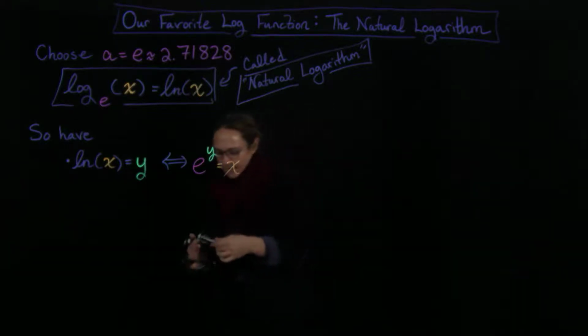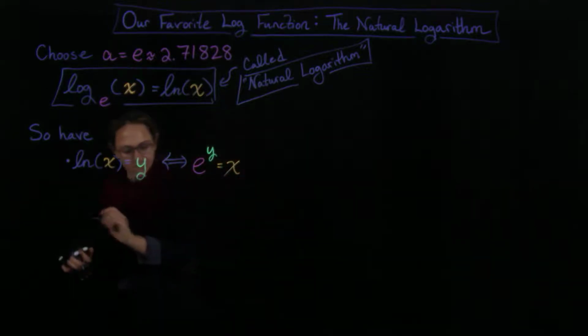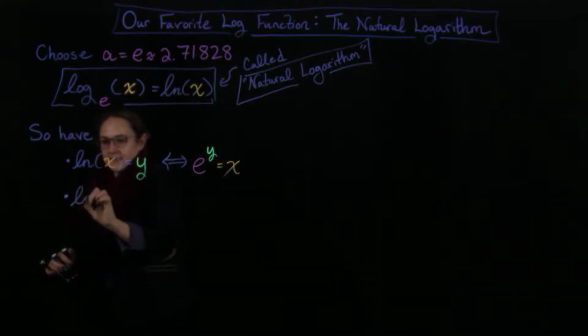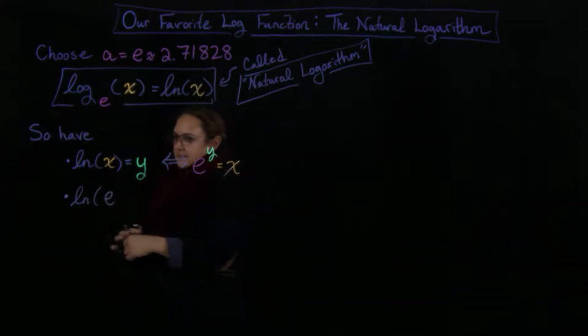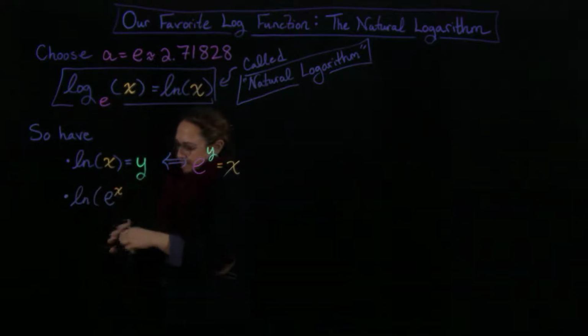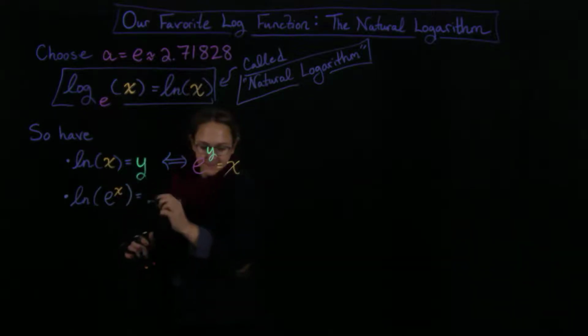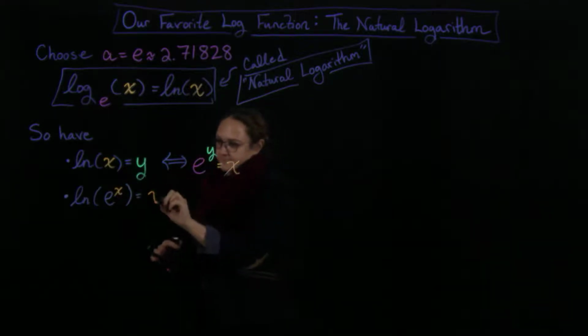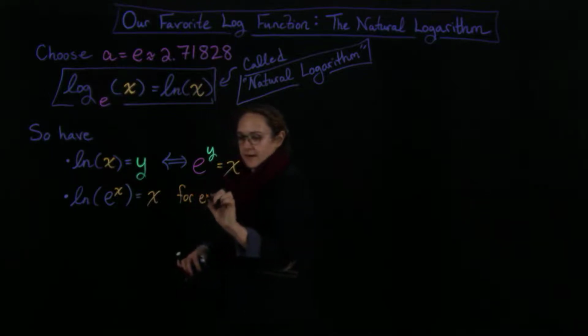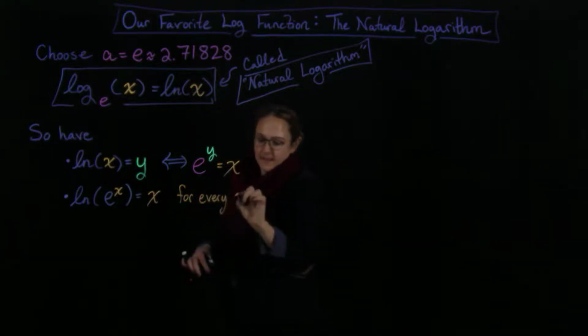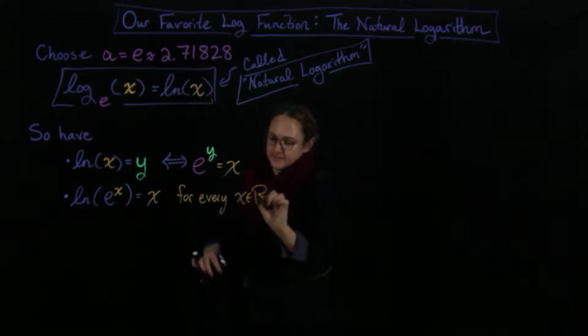The next thing we know is that if I take the natural log of e to any value x, this has to give me out x, and this has to happen for every x in the real numbers.